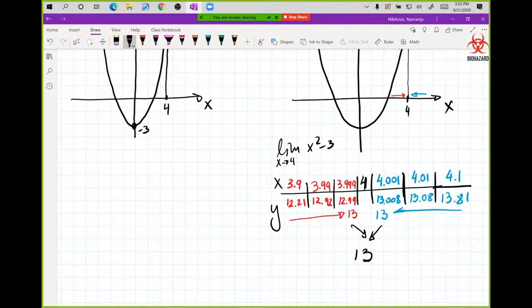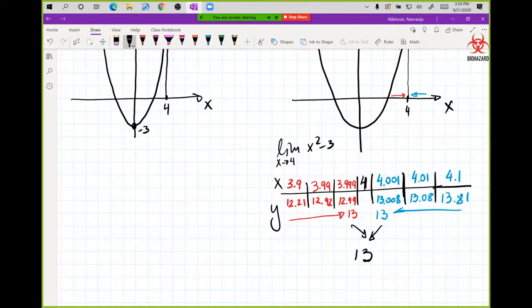Limits are going to compute at infinitely many points around 4, never computing at 4, and then give you the same answer of 13 because both sides would hint that 4 should be at 13, because all of these numbers fall in line and they point right towards 13.